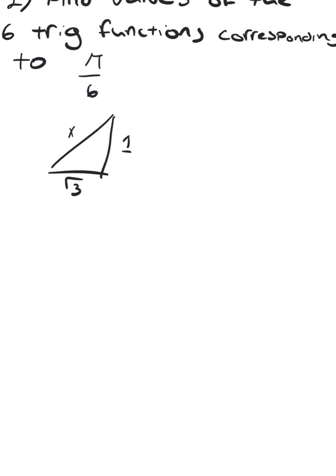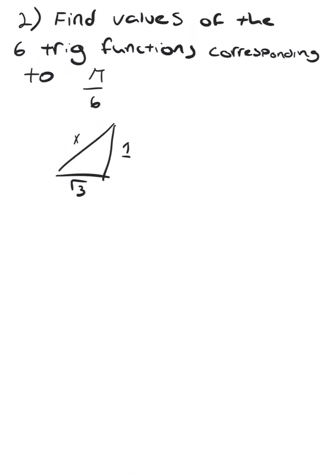Well, let's simply use the Pythagorean theorem. c squared equals a squared plus b squared. Let's plug it in. a squared is 1. b squared is the square root of 3, squared.